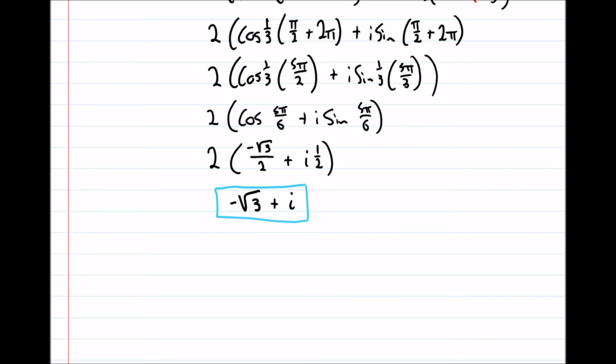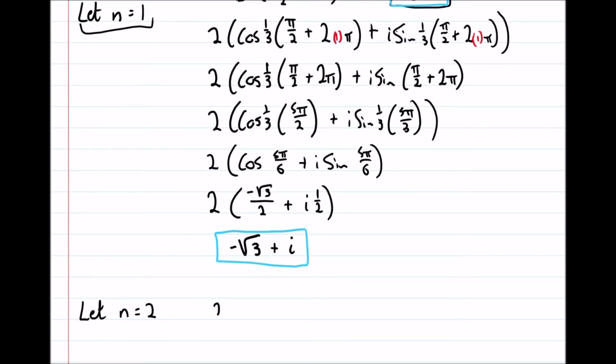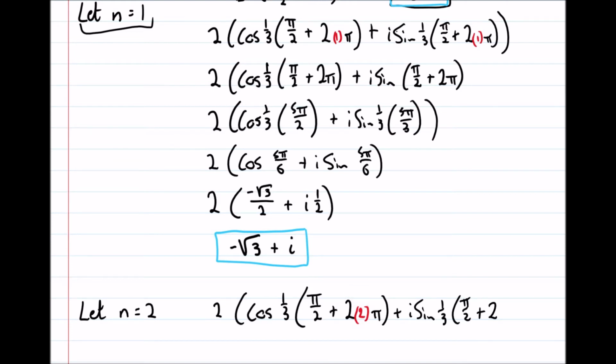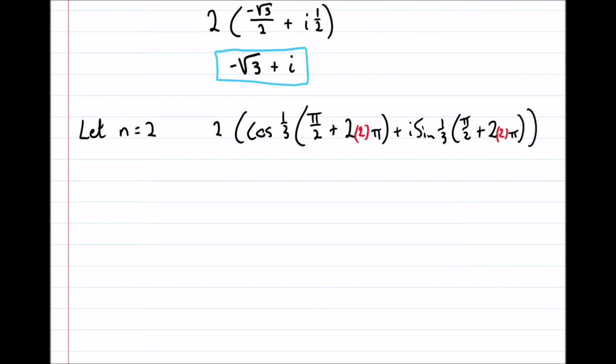My last answer then, my last root, is I let n equal 2. So I start again. 2 cos 1/3 pi over 2 plus 2 pi, plus I sine 1/3 pi over 2 plus 2, and I let n equal 2, pi, and I start working this out.